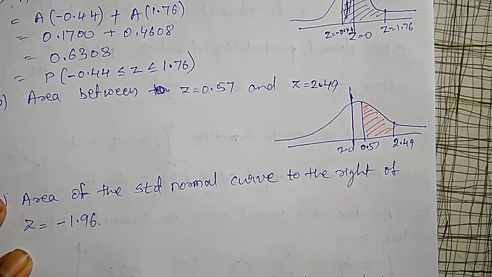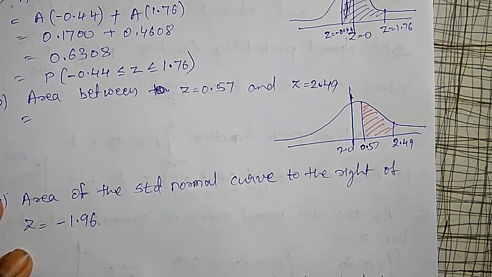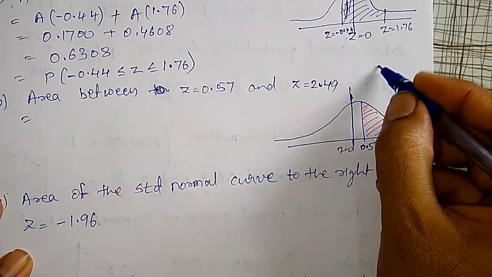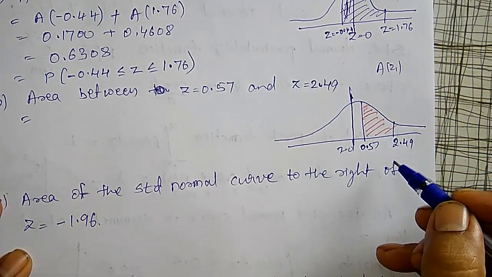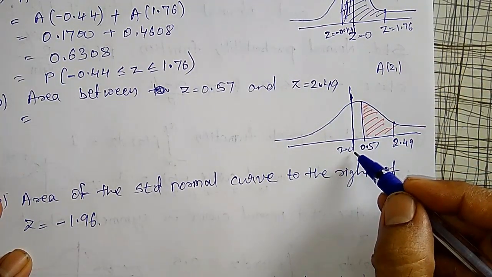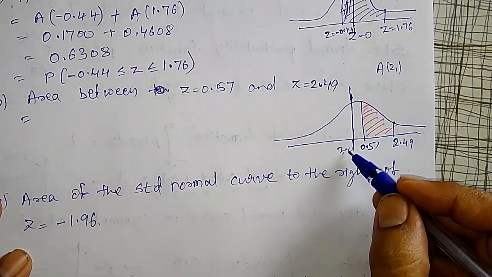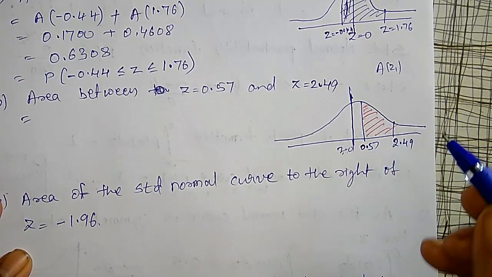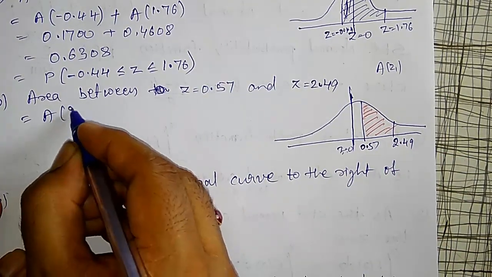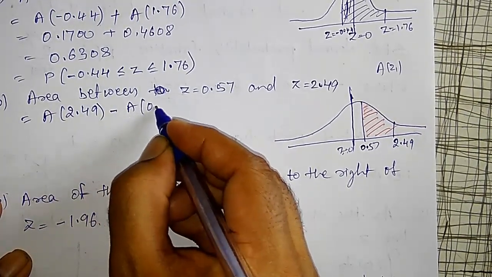To find out this area, the simple way I can use: I know that A of z1 is the area between z equal to 0 and this one. Then I can find out A from z equal to 0 to z equal to 2.49, and A from z equal to 0 to 0.57. Therefore to find this area, I will take it as A of 2.49 minus A of 0.57.